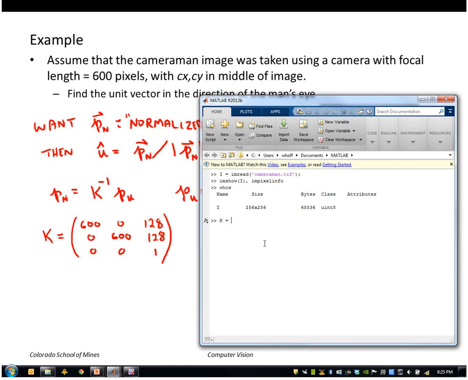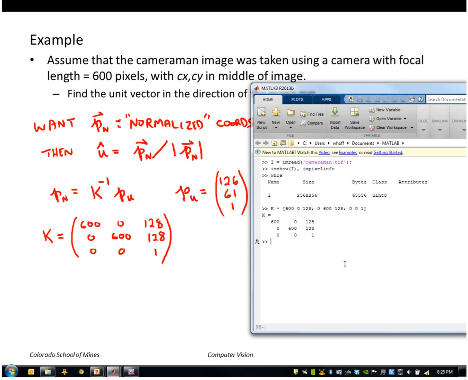So K is 600, 0, 128, 0, 600, 128, 0, 0, 1. The unnormalized points are 126, 61, 1.